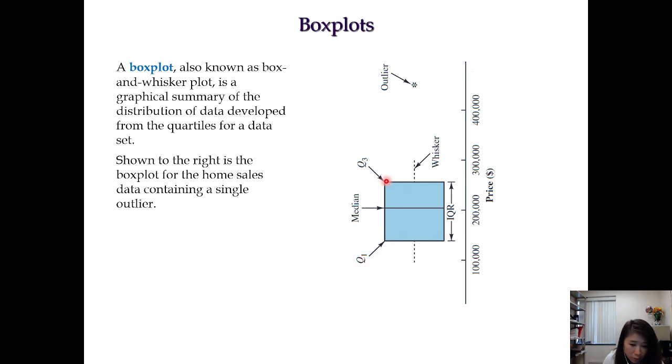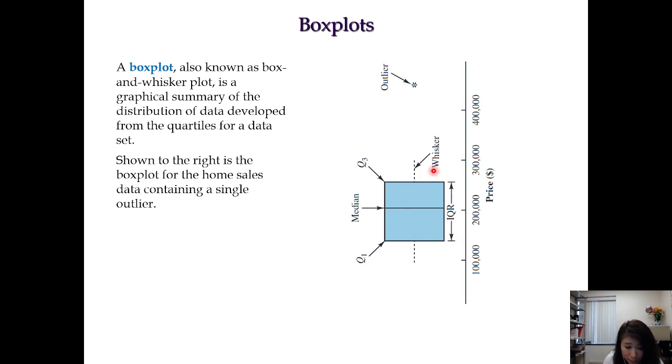If you draw a horizontal dotted line from the top of the box to the vertical axis, that value gives you the third quantile. For the bottom, similarly, you draw a horizontal dotted line, and the intersection with the vertical axis gives you the value for the first quantile.